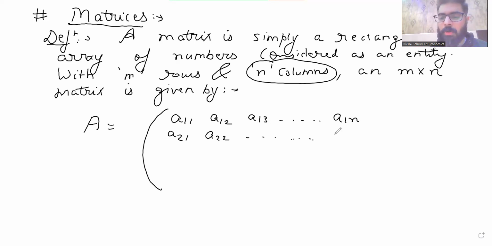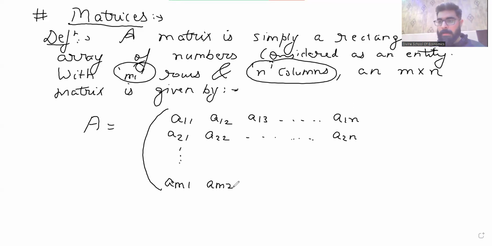Then I can stretch it on to A2n, the element in the second row, nth column. I can stretch it towards how many rows? We have m such rows. So I can stretch it on to Am1, the element in the mth row, first column. Am2 is the element in the mth row, second column. And similarly, I can stretch it on to Amn, which is the element in the mth row and nth column.